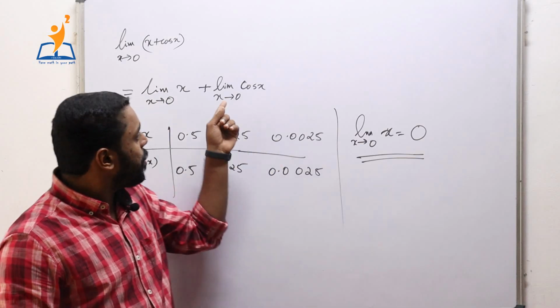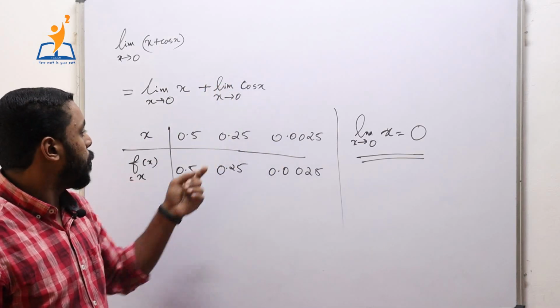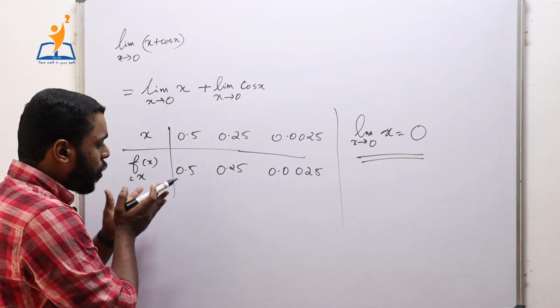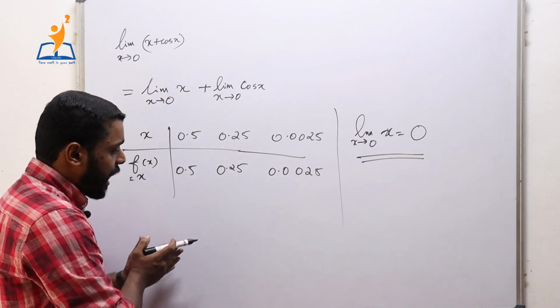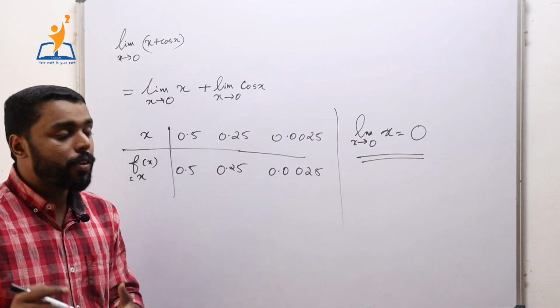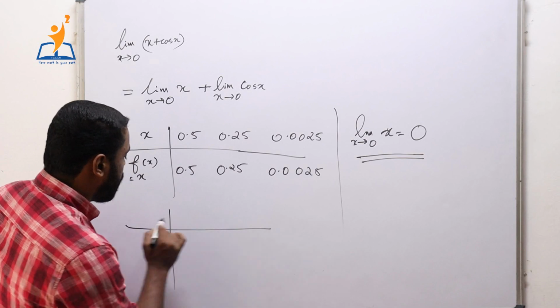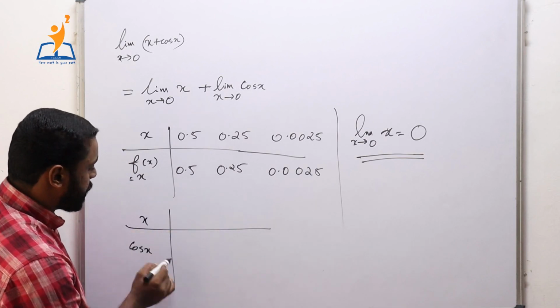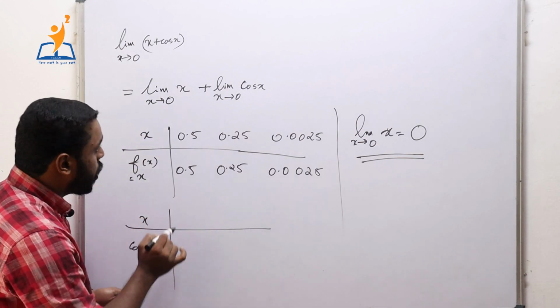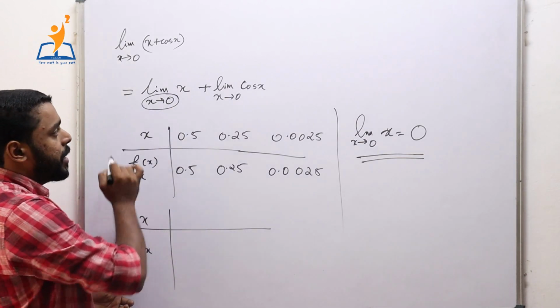The right hand limit and the left hand limit are the same and equal to 0. Similarly, we can tabulate cos x, and taking values very close to 0 will give us a value very close to 1. I have given this as homework for you. You have to find cos x and take values very close to 0, because we are asked to find the limit as x tends to 0.